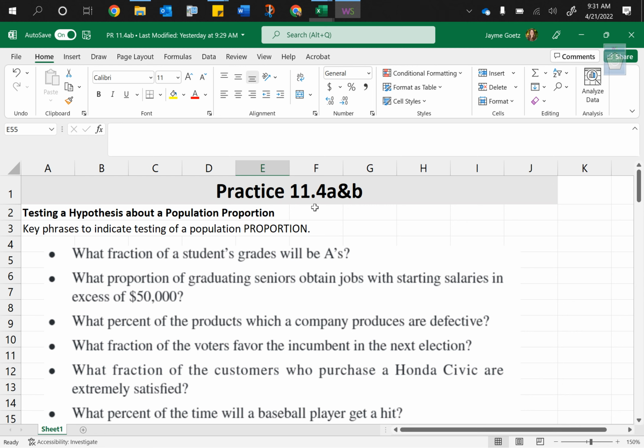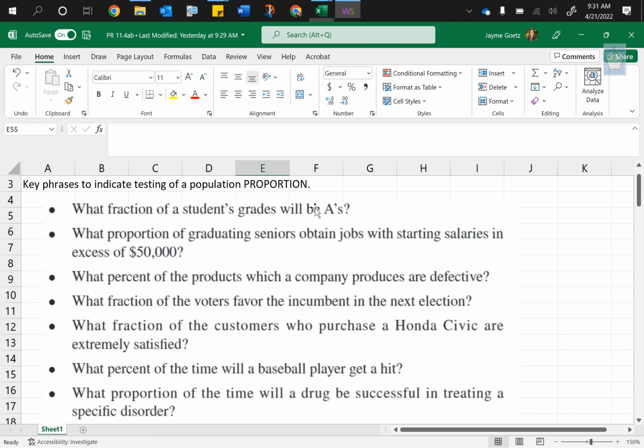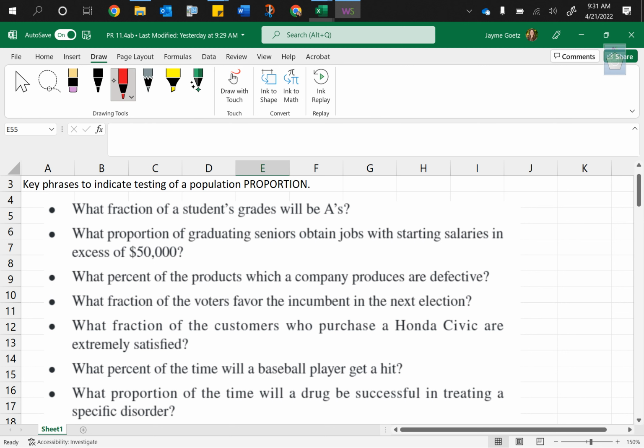Now, directing back to our reading skills, there are key phrases that you should look out for to indicate whether you're testing a population proportion as opposed to a population mean. Some words to look out for would be fraction. What fraction of a student's grades will be A's?